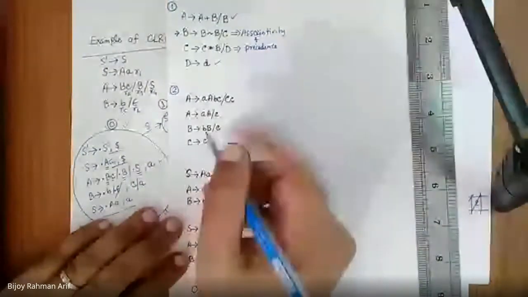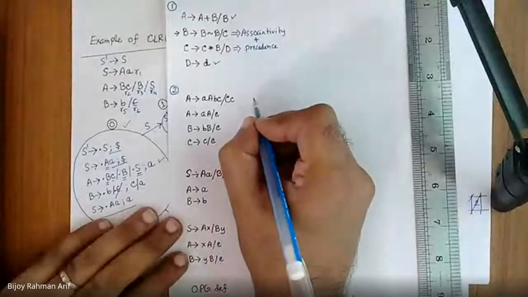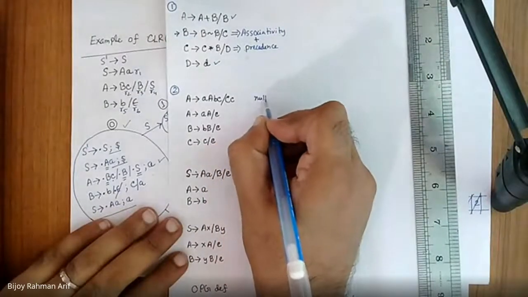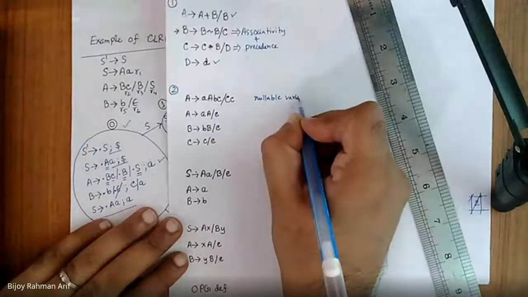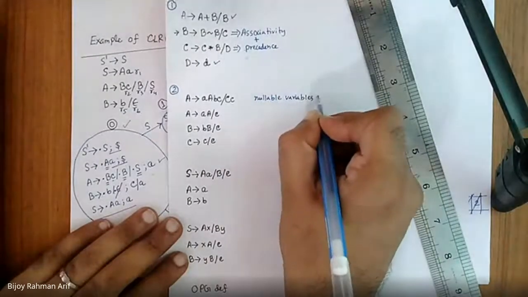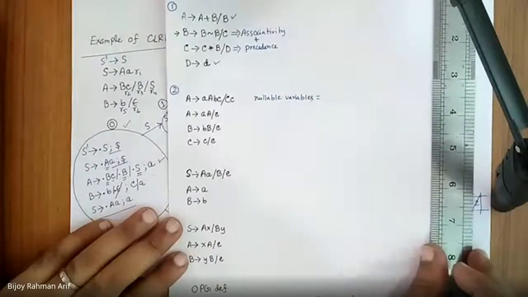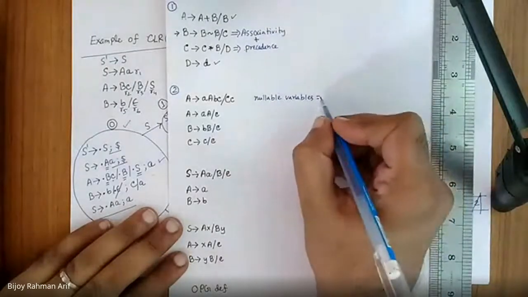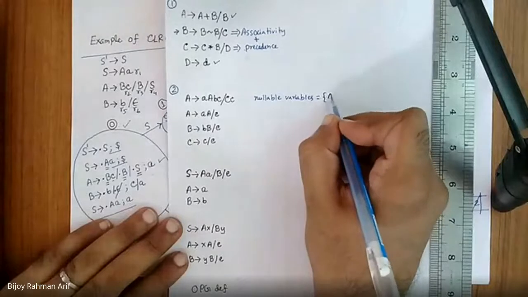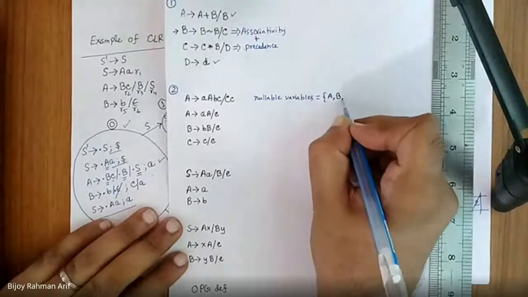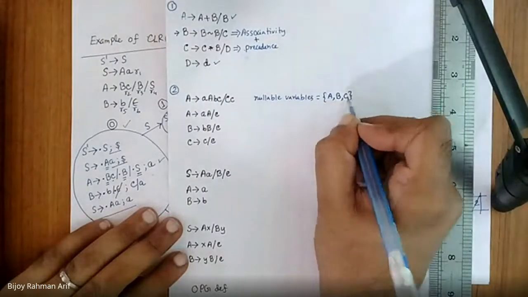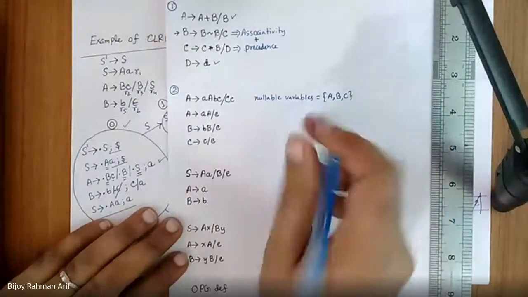We also call these nullable variables. So what are the nullable variables here? Those which can directly become epsilon. So here the nullable variables are nothing but A, B, and C. They can derive epsilon.